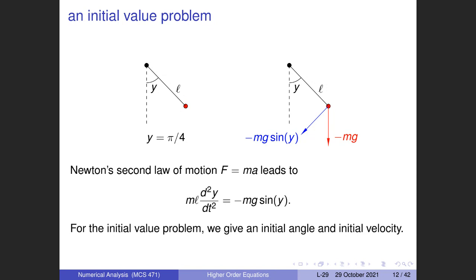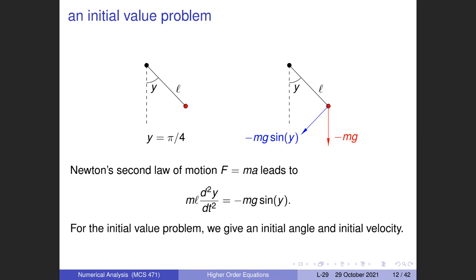The second law of motion says that the force is proportional to mass times acceleration. Acceleration is the second derivative. So that's where the second derivative comes in.